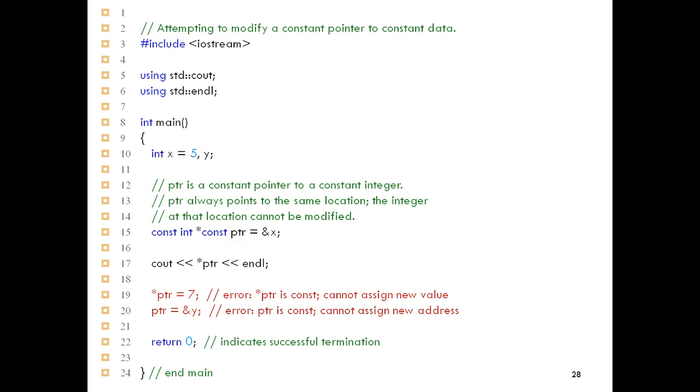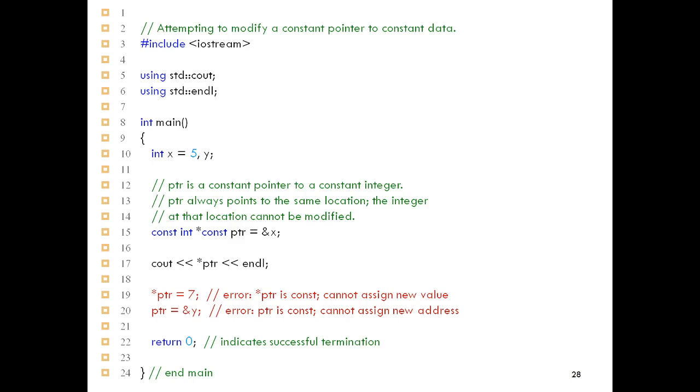Then another example: here you define two values x and y, then the pointer ptr is given the address of x, and you can also print it out. Then you try to assign the value 7 through the pointer, because ptr is already assigned to x, but x already has a value, so it's not allowed.